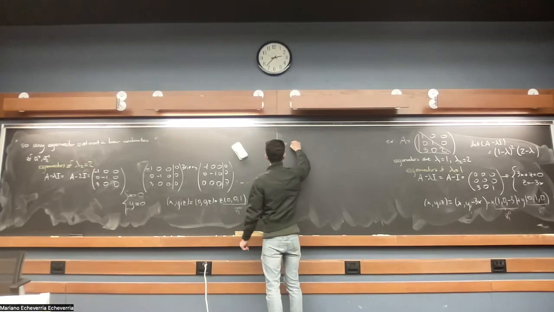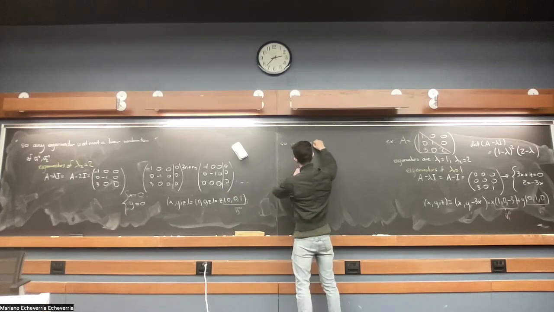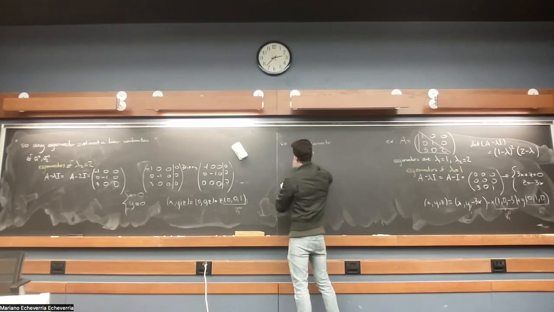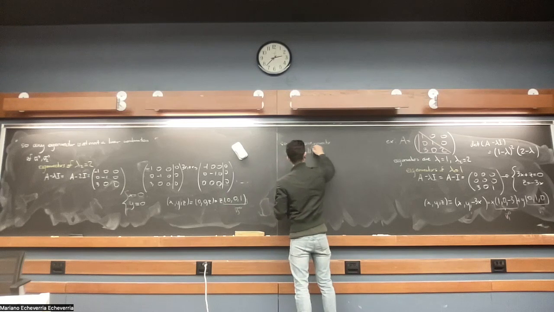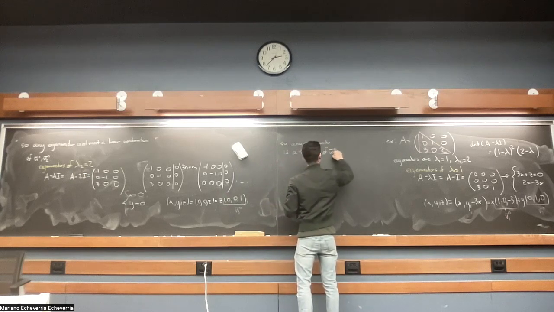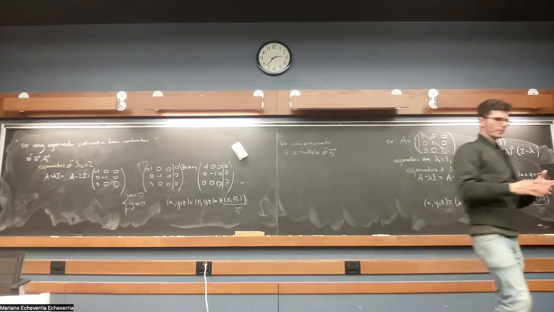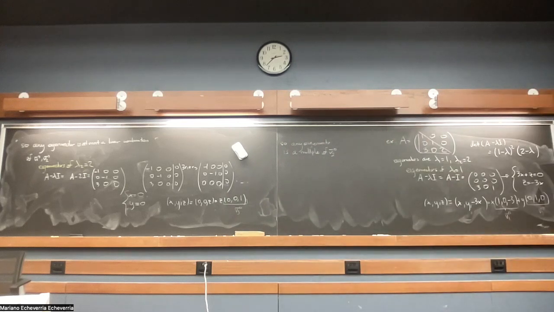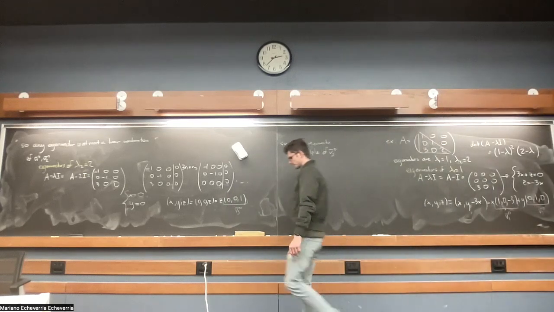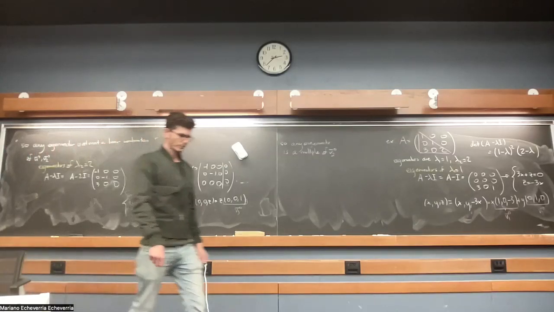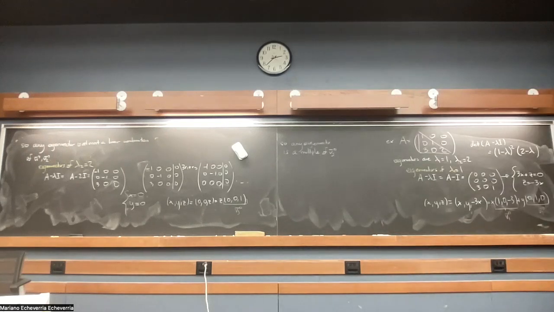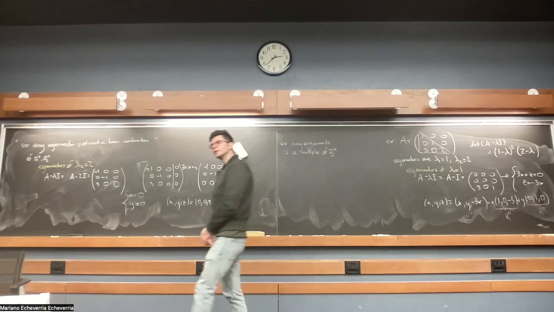Any eigenvector is a multiple of P3. Is that okay? Any questions up to this point?